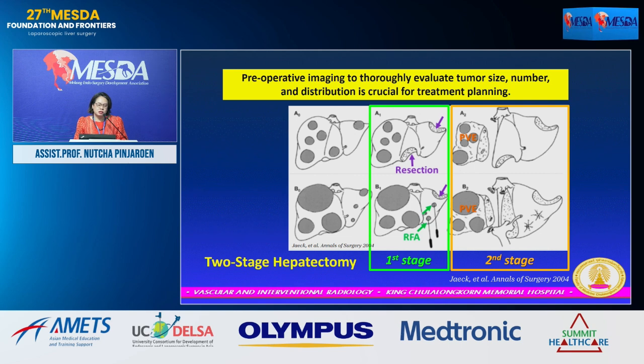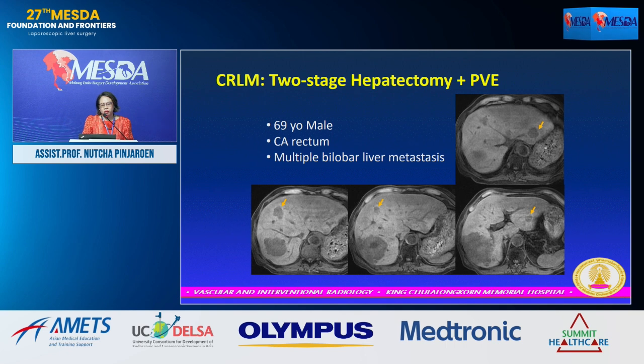The strategy is that for multiple colorectal liver mets, you clear the first stage on the left lobe with resection or RFA, and then you bring the patient to portal vein embolization. And after that, if the disease is controlled, you bring the patient for the second operation, the right hepatectomy. And throughout all this, you need systemic treatment to control the disease and downstage, downsize the tumor.